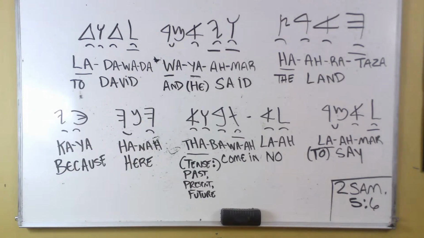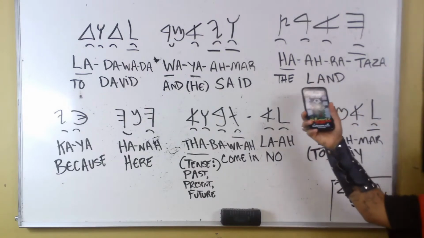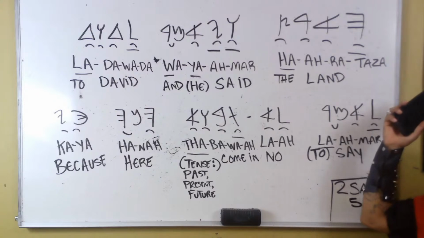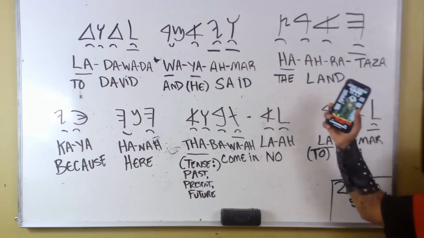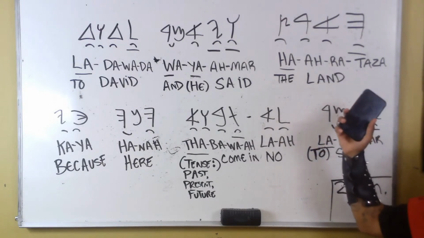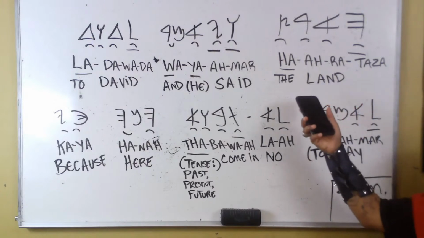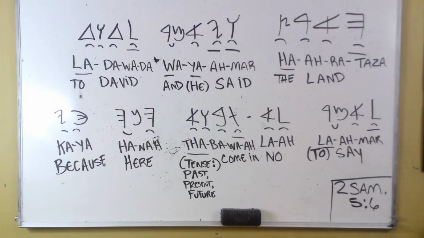Now remember where we left off at, and the other one was Jebusites dwelling. Right? It could have been the dwelling of the Jebusites, the land, or the land of the Jebusites dwelling. Either or, the land, right?